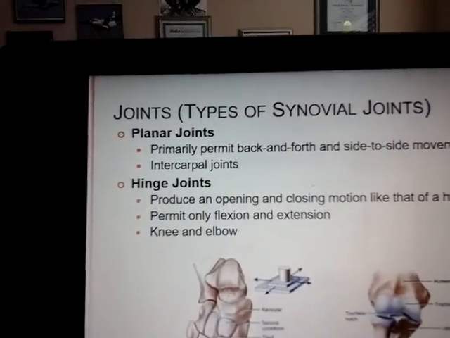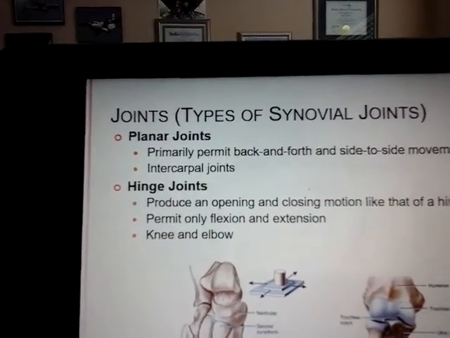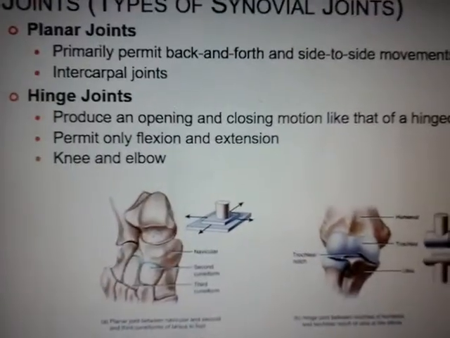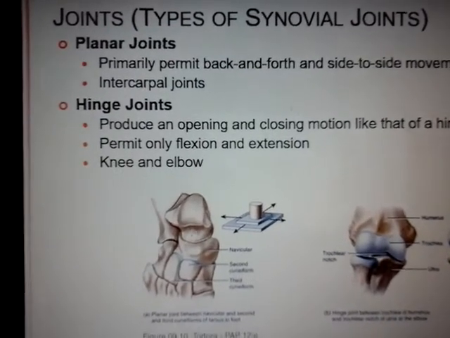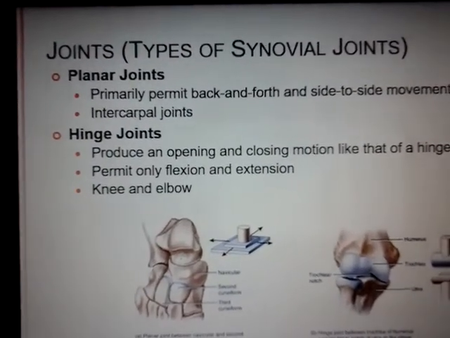You can bend your elbow, you can straighten your elbow, but you can't rock your elbow side to side. With your wrist, you can go forward, you can go backwards, you can go side to side. So that's planar. Hinge, when you bend your leg, you can bend it and you can straighten it. But you can't take your leg and bend it in the opposite direction.